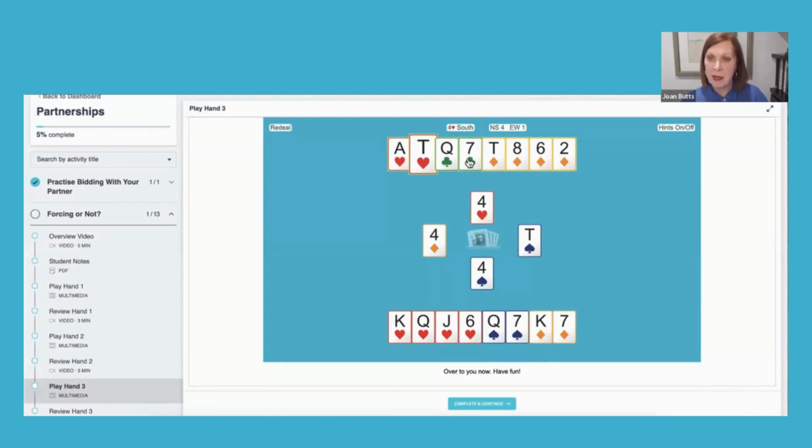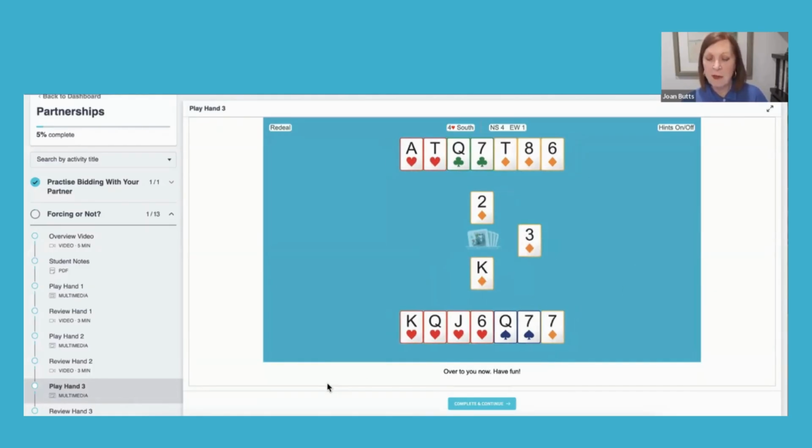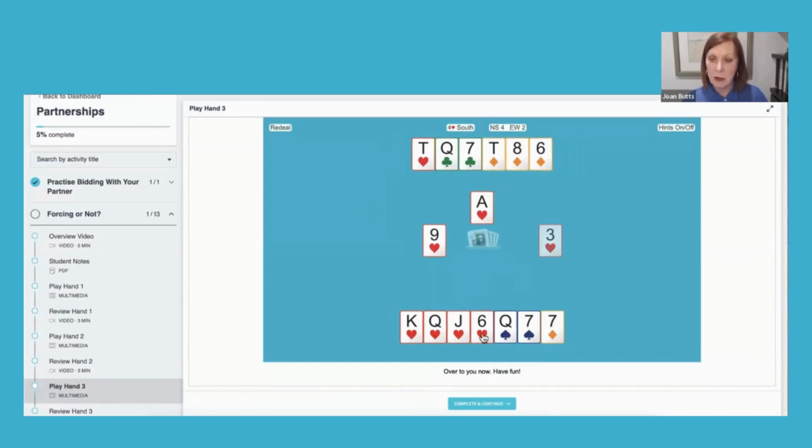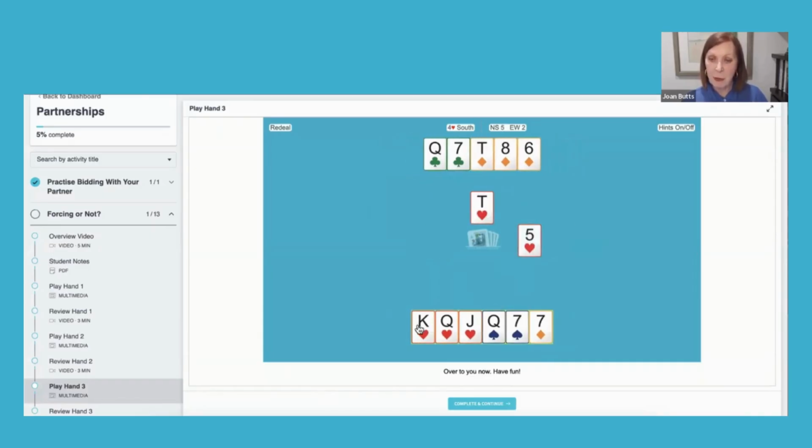So I think that we will play a diamond just to see where the ace is. Looks as if the ace is with West. So they're now switching to a trump, which is quite a good switch by them. And we win it. Keep playing trumps to get rid of them.